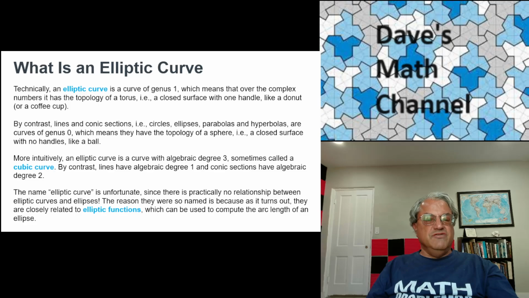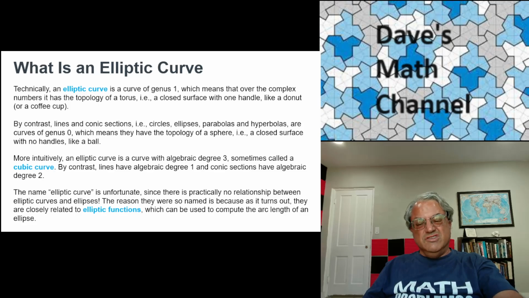And they were called elliptic functions because, as the name implies, they give you the arc length of an ellipse. Well, it turns out that elliptic functions are also very closely related to elliptic curves. So that's how they got their name, which I think is a very unfortunate name. It'd probably be better if they changed the name to something else. I don't know if they will because they're used so commonly now. It's kind of become a standard name.